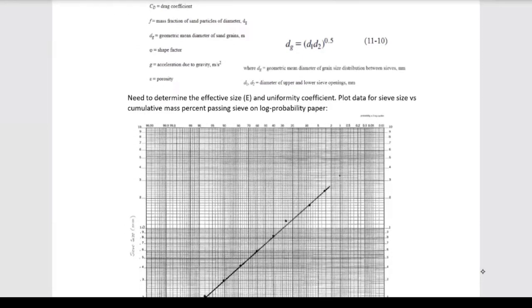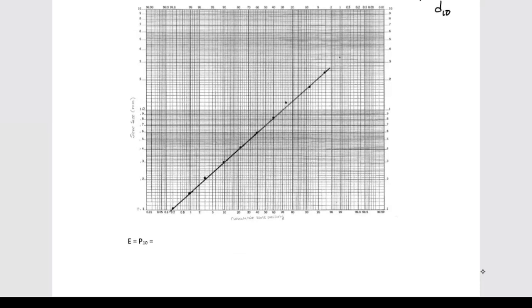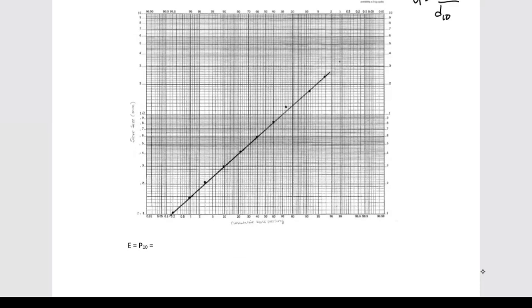We need to check the effective size and the uniformity coefficient. The effective size is that D10, and the uniformity coefficient is D60 over D10. So what I've done here is I've plotted the data that we were provided as the sieve size.